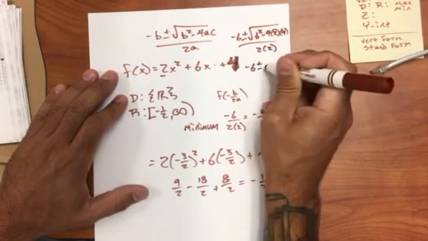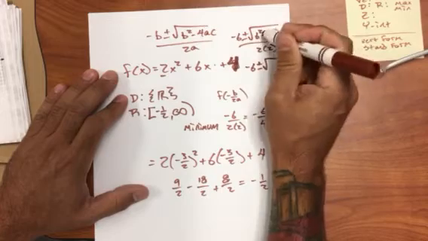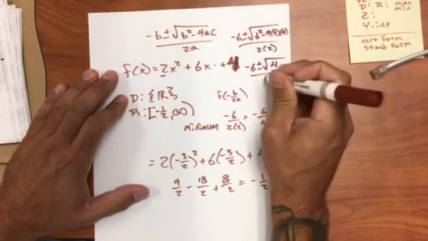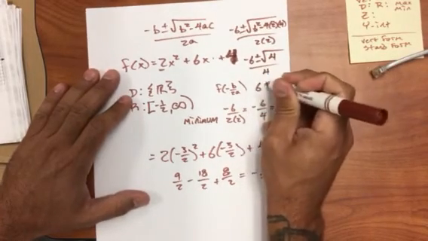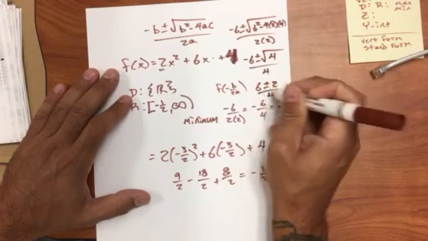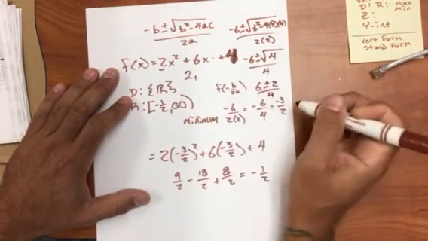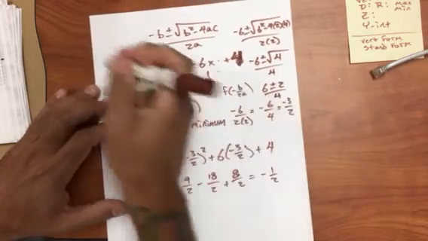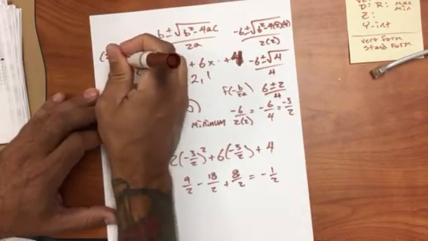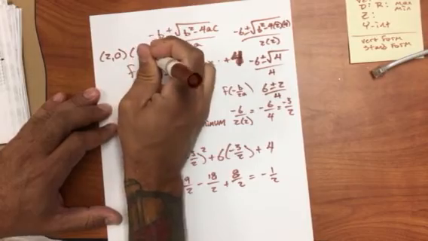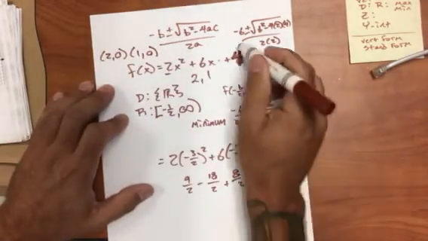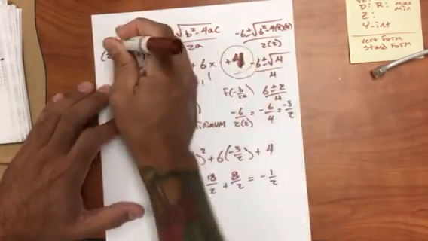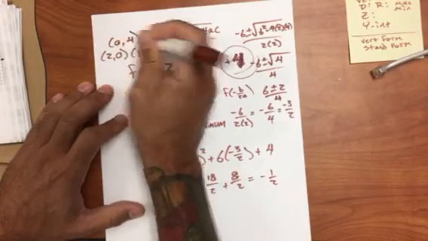Negative 6, 36 minus 32 is 4, so negative 6 plus or minus 2 over 4. That's negative 4 over 4, so that's negative 1, and negative 8 over 4, so that's negative 2. So I have zeros at negative 2 and negative 1, so it's negative 2, 0 and negative 1, 0. Those are my zeros. Y-intercept is just this, so it's 0, 4.